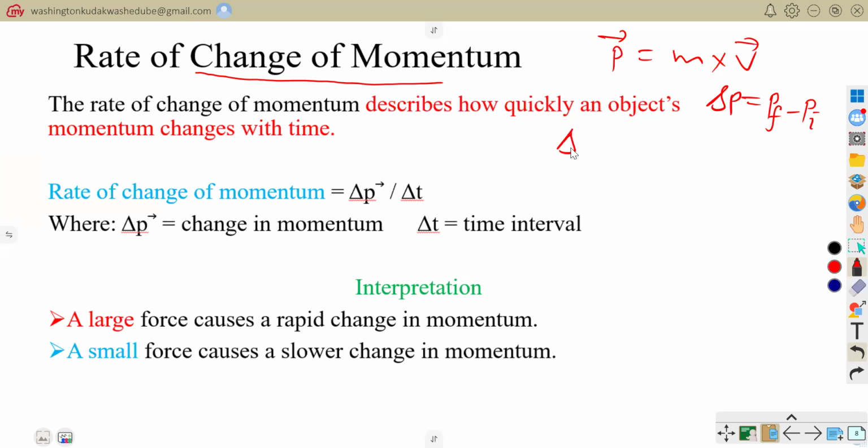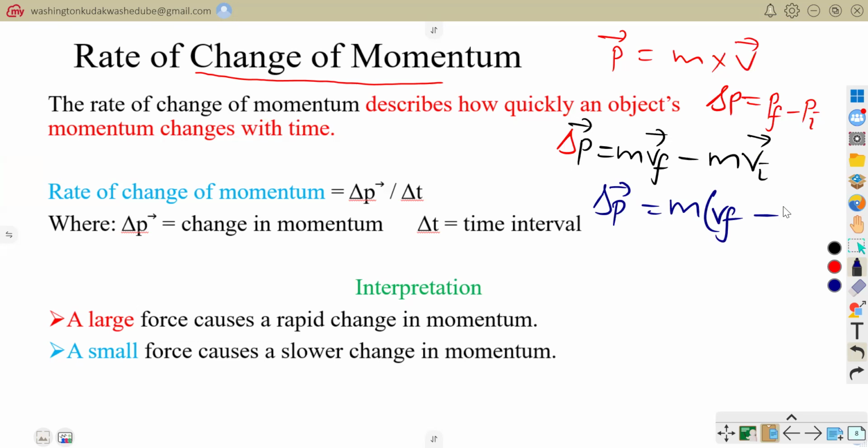This would be mass times final velocity, because we said mass remains constant, minus mass times initial velocity. When I factor out my mass, since it is constant, I'm left with final velocity minus initial velocity. So this becomes my change in momentum.